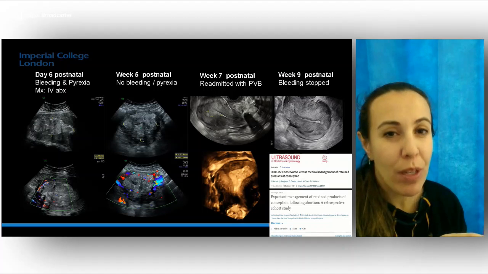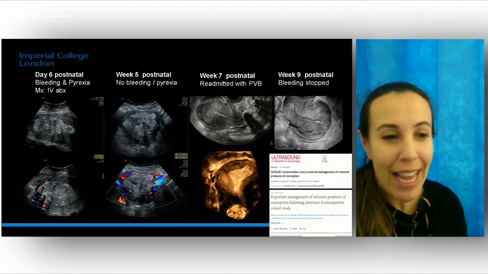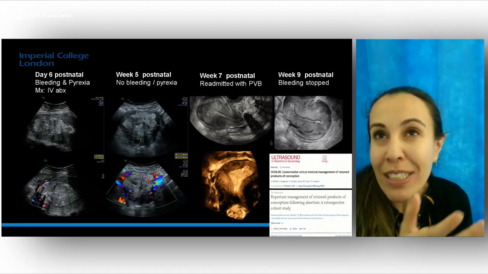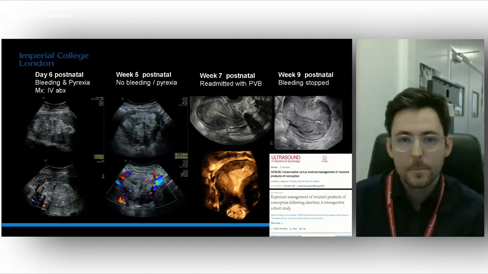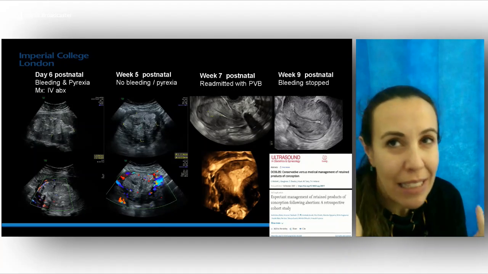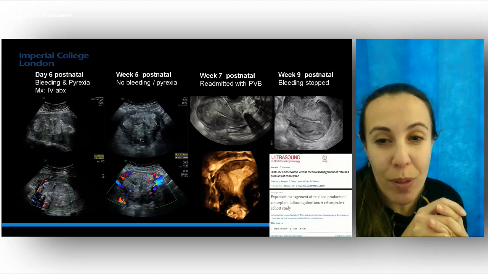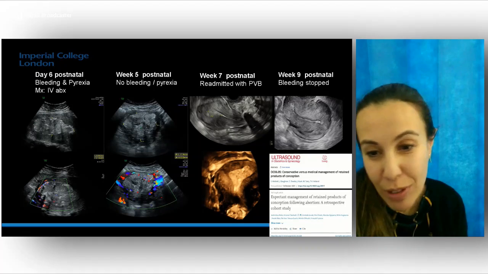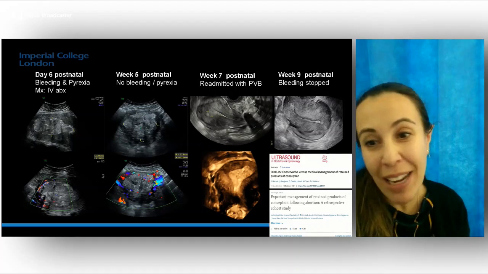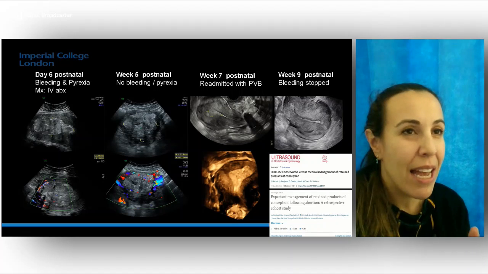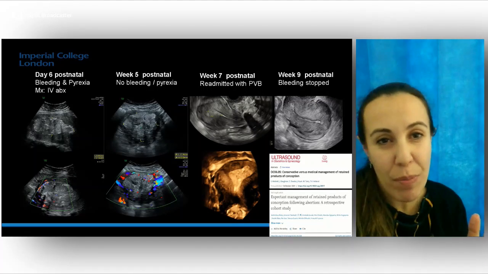But where possible, in a well patient who's not bleeding heavily, it is very successful to follow an expectant approach. The data is variable, somewhere between 40 to 100% chance that it will resolve spontaneously. Again, the commitment there has to be that the patient is able to come back for follow-up and able to access emergency care should they become unwell. So that's also very important.